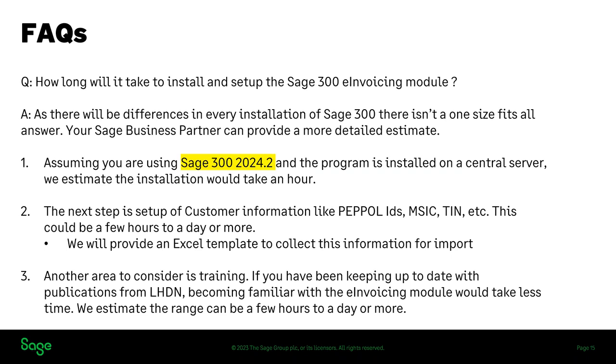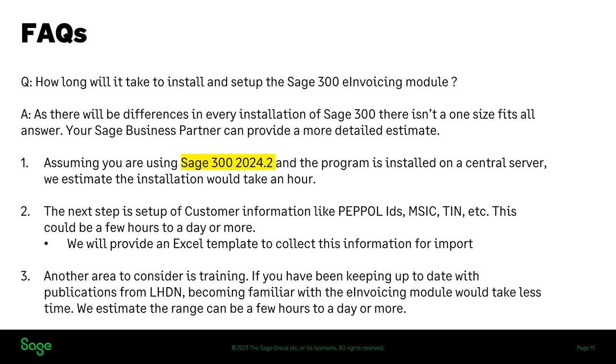Right? Then after you've got the e-invoicing module installed, the next thing we need to look at is the setup of the customer information, like PEPPOL IDs, the industry codes from Malaysia, and taxpayer identification numbers. This could be less than an hour, could be a day or more, depending upon what changes you need to make.